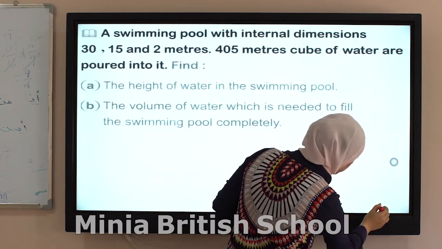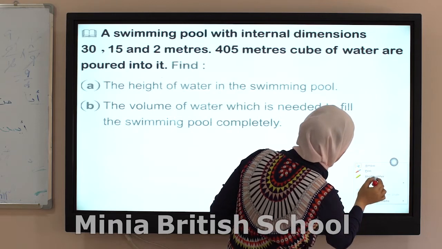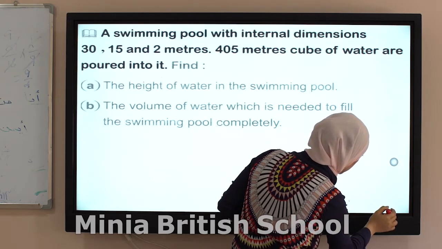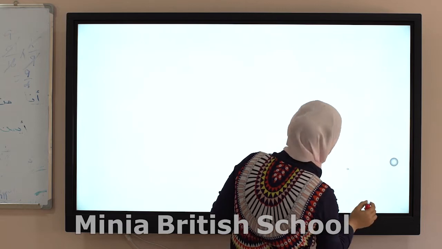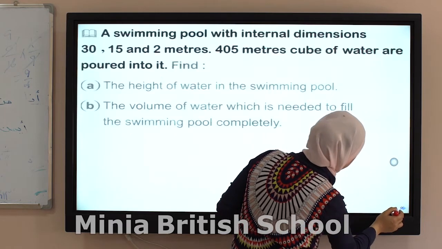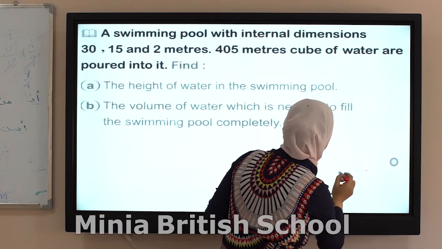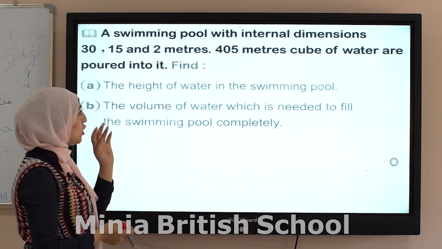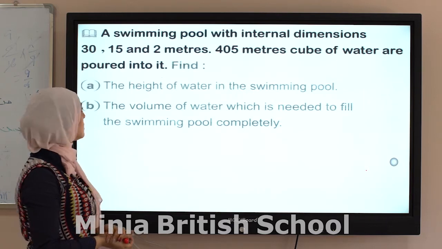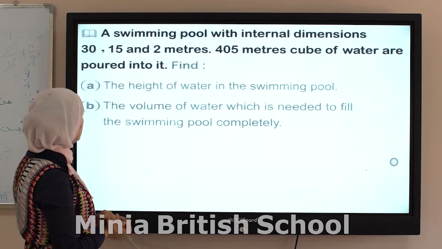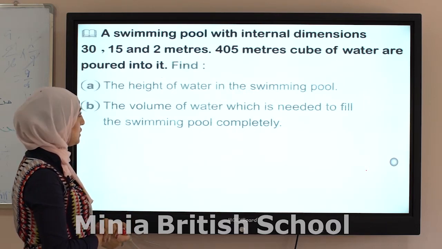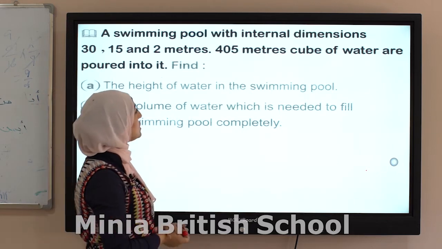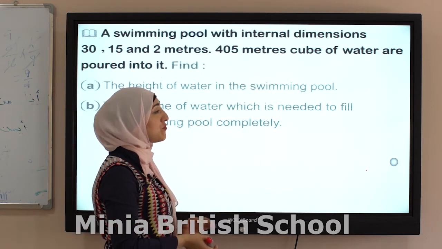Now here, I have a swimming pool with internal dimensions 30, 15, and 2 meters. 405 meters cube of water.